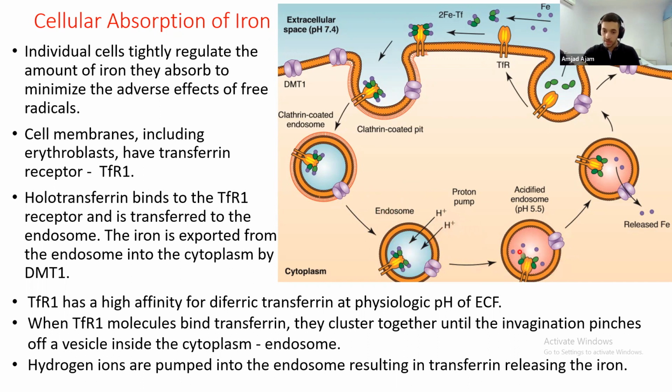It will separate the iron from the transferrin, and now the iron will be released from the endosome through DMT1, the divalent metal transporter, which is the transporter for iron. It's also present here. So now iron can go to the cytoplasm, and then the endosome will go back to the plasma membrane, and the cycle is repeated.